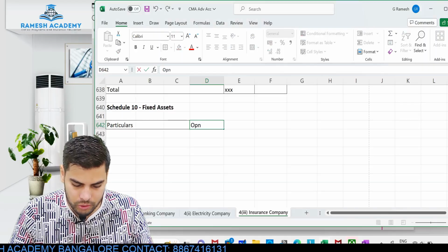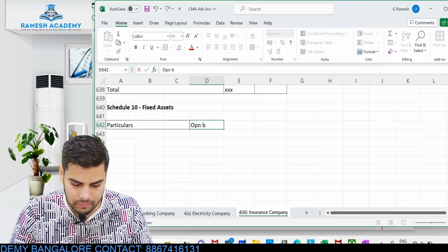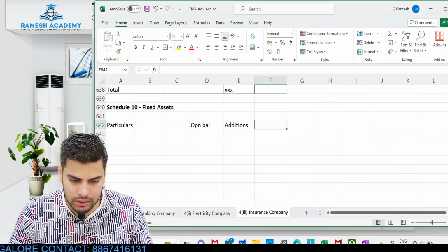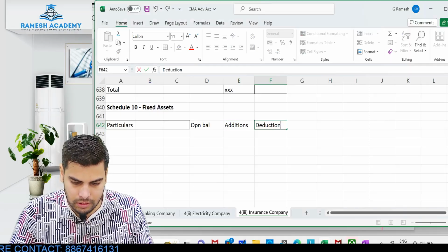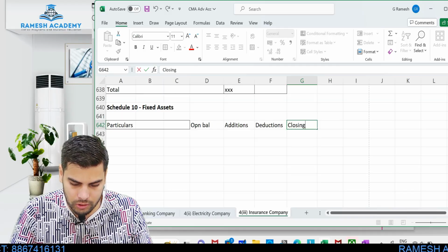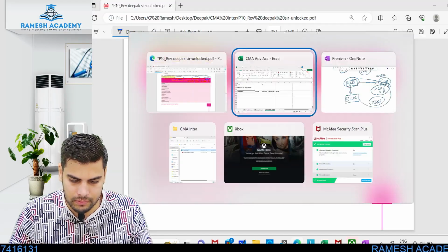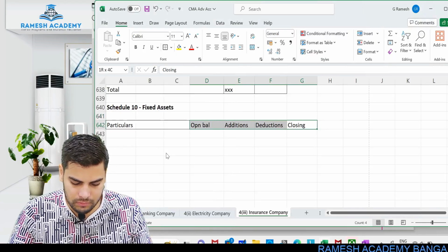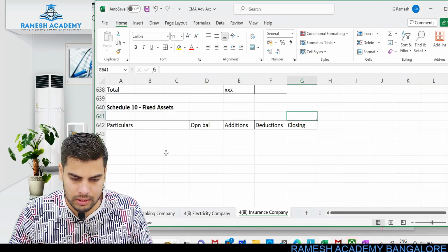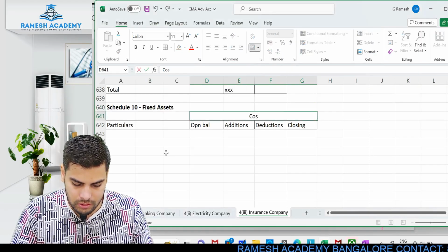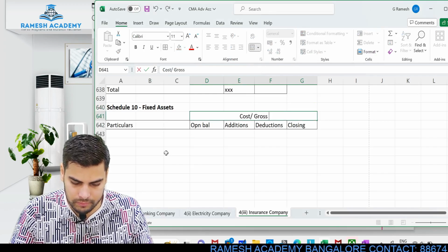Gross block will be showing the opening balance, additions, deletions or deductions. Deductions is nothing but the assets which you have sold. Then you will get to know the closing balance. This is related to the cost or gross block.